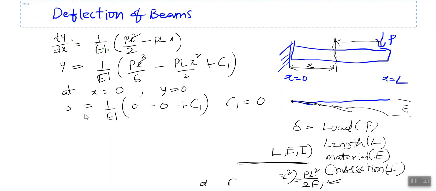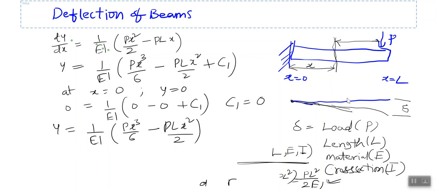So our deflection equation y is nothing but 1/EI times (P x³/6 minus PL x²/2).